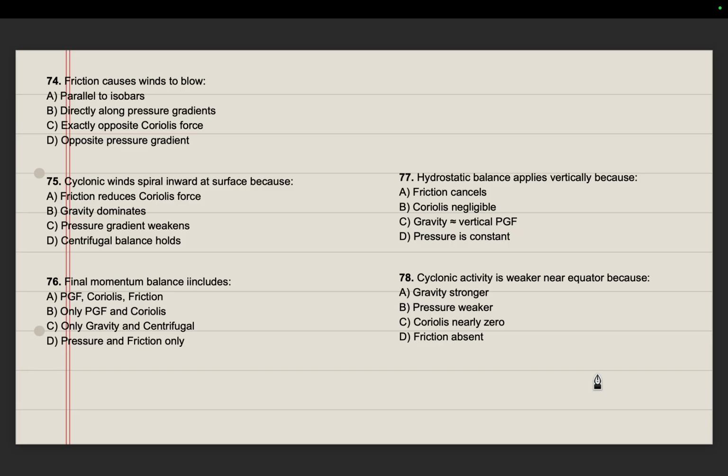Question 74. Friction causes winds to blow parallel to isobars, directly along the pressure gradient, exactly opposite to the Coriolis force, or opposite the pressure gradient. I have not made any slide for the frictional force, but you can answer this.